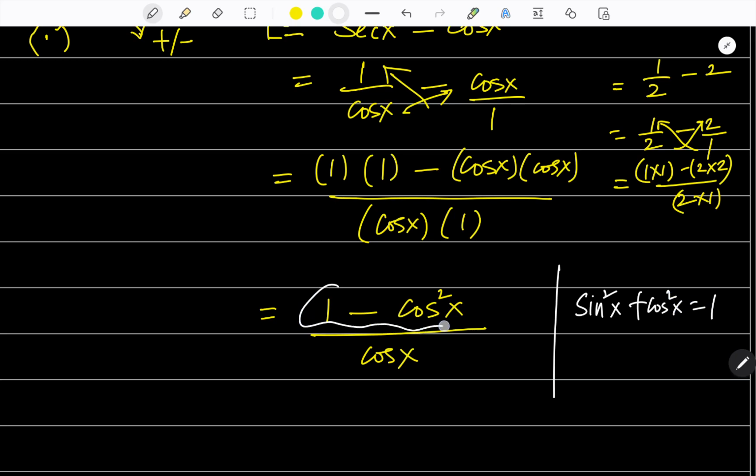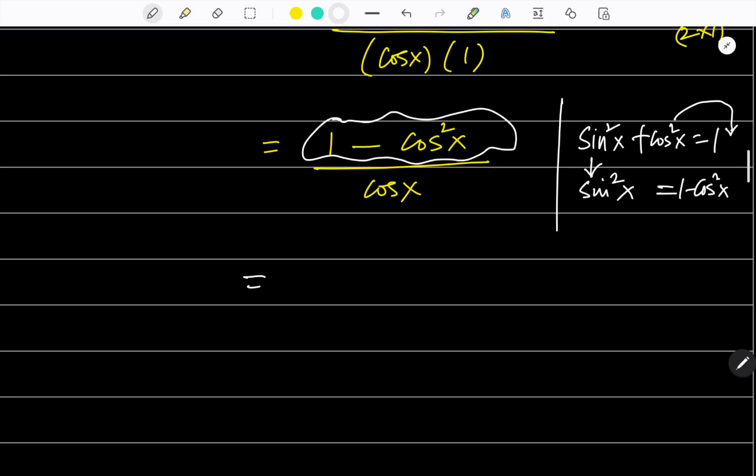So now I want 1 minus cosine square x, which is equal to sine square x. So this equals sine square x divided by cosine x.